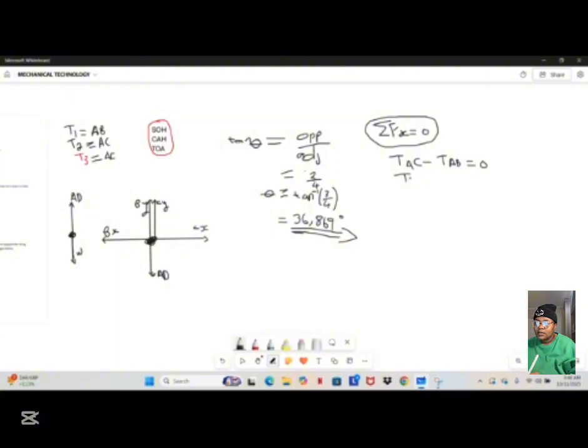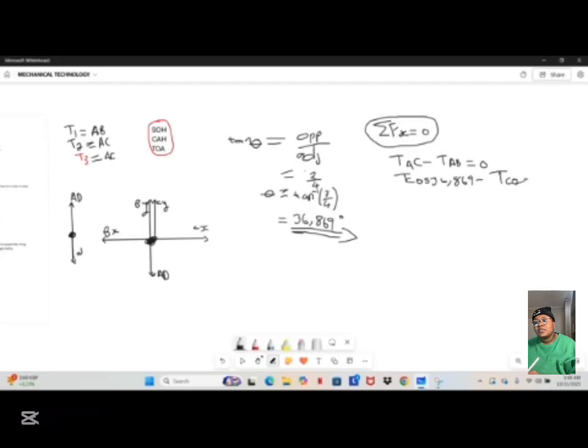Minus T cos of, okay, let's go back. The cos of 30, we're given that is T cos of 30.